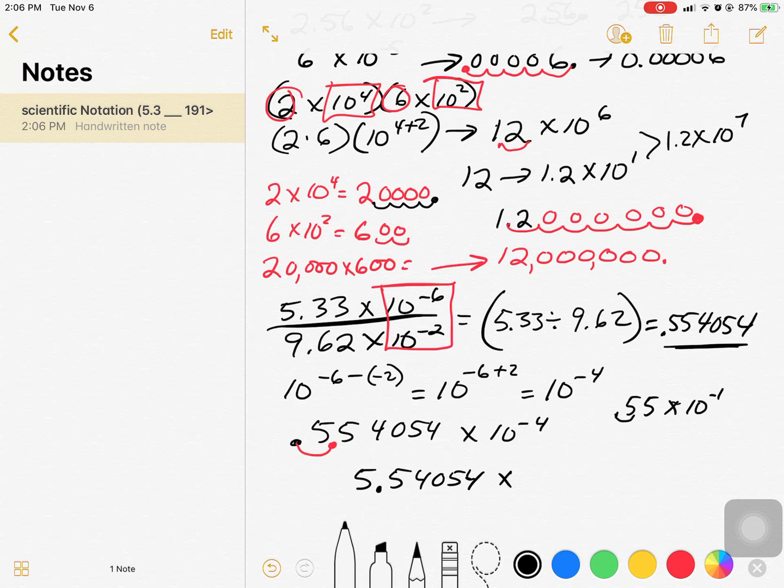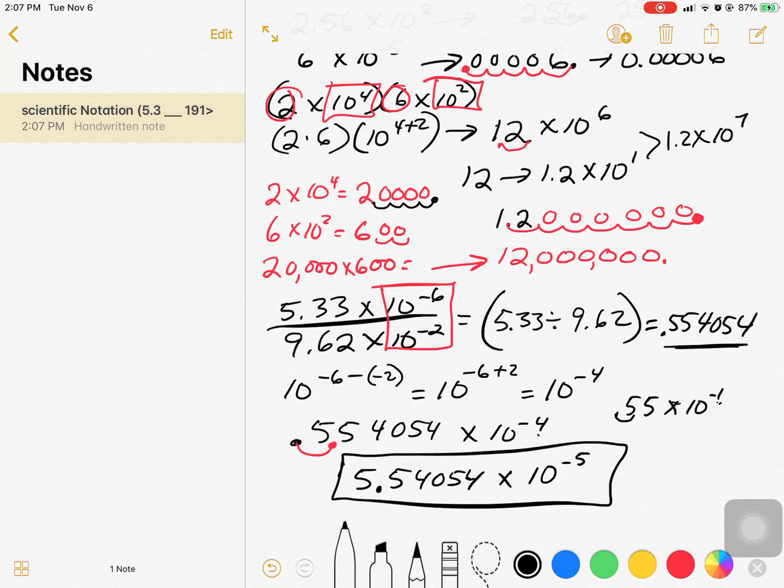So this is going to be a negative 1 plus a negative 4, which is going to be 10 to the negative 5. So that's my final answer for that one, because we did a negative 4 plus a negative 1. So this was a little number. We were making it bigger, so it goes the other way, instead of making it smaller.